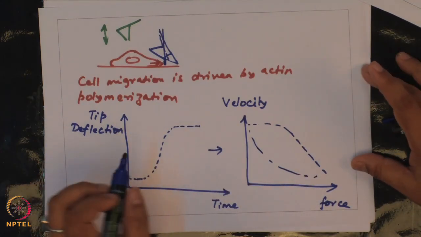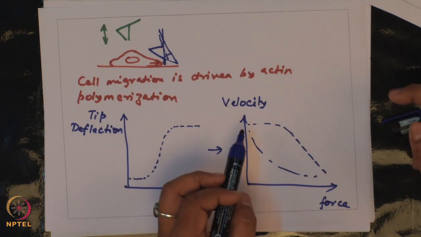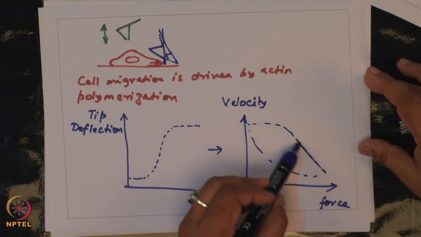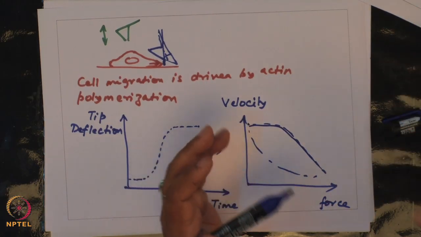Experimentally it has been demonstrated by several researchers that you might have a concave force velocity relationship. Over a certain magnitude of forces the cell can migrate at constant velocity, but beyond a certain cutoff the velocity drops significantly.